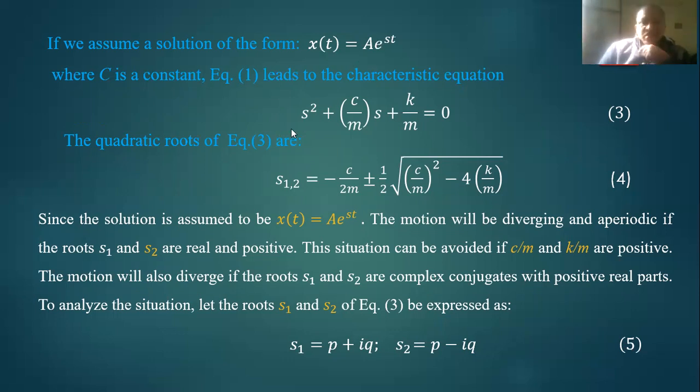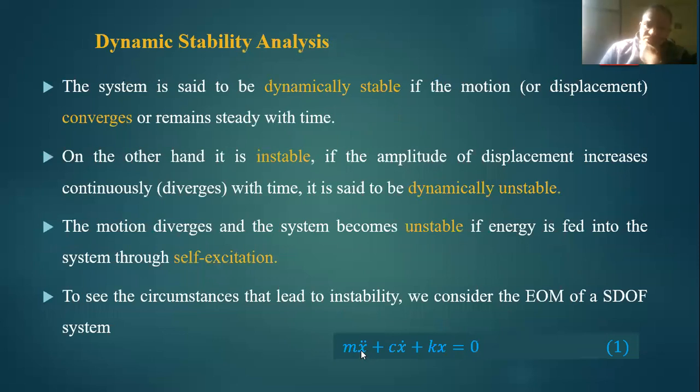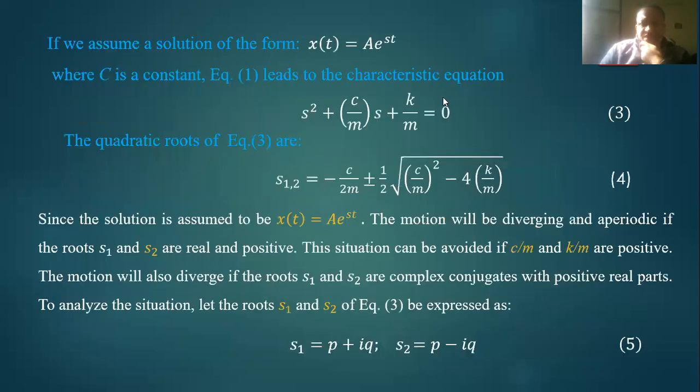Then when we substitute this into the equation, in place of acceleration, velocity and displacement, we finally get this equation: s squared plus c over m s plus k over m equals 0, where m is the mass.